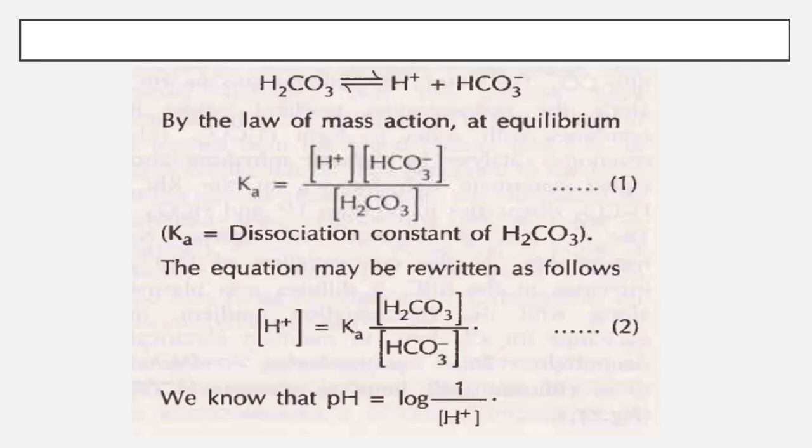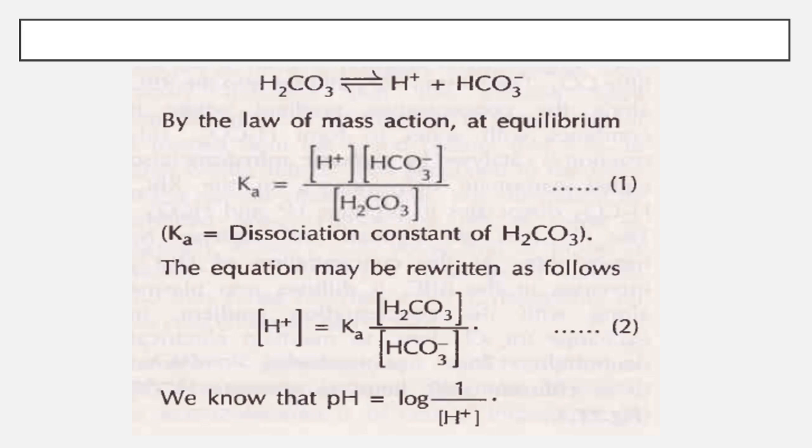This is the equation. For example, carbonic acid. Carbonic acid dissociates into H plus and bicarbonate, and by the law of mass action at equilibrium, Ka is equal to H plus times bicarbonate by carbonic acid. This Ka is the dissociation constant of carbonic acid.